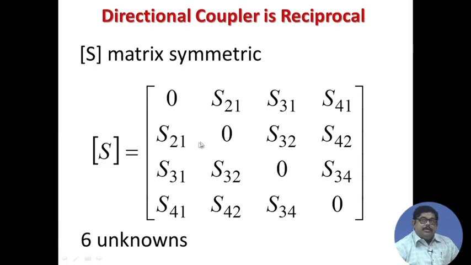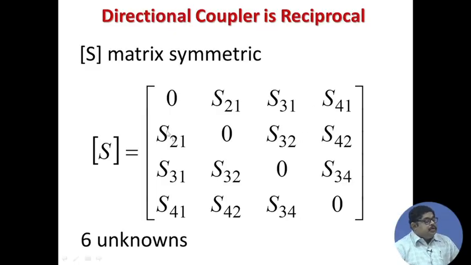We could have named them S12 both, but we have taken S21 both, because that gives us better insight: S21 means when power is given to port 1, how much is going to port 2. So, instead of S12 we have taken S21. Similarly, S31, S32, S42, S41, S34.